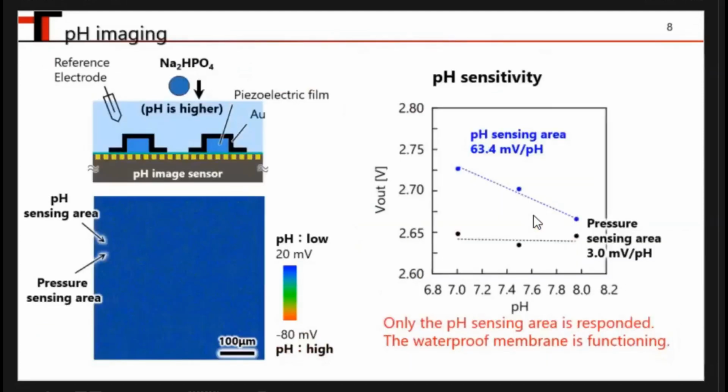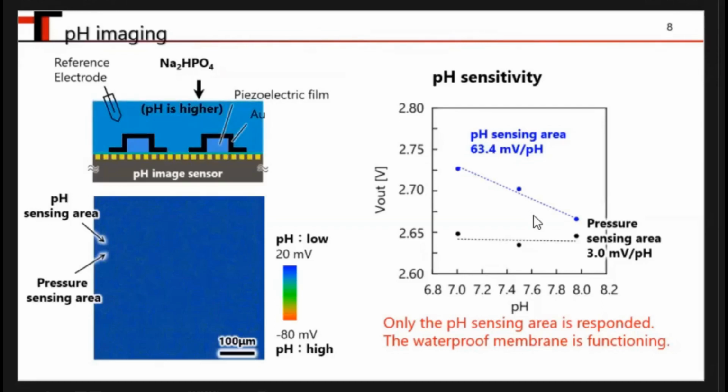Next, we conducted pH imaging experiments using the fabricated sensor. To get a higher pH, we dropped disodium hydrogen phosphate onto the sensor.